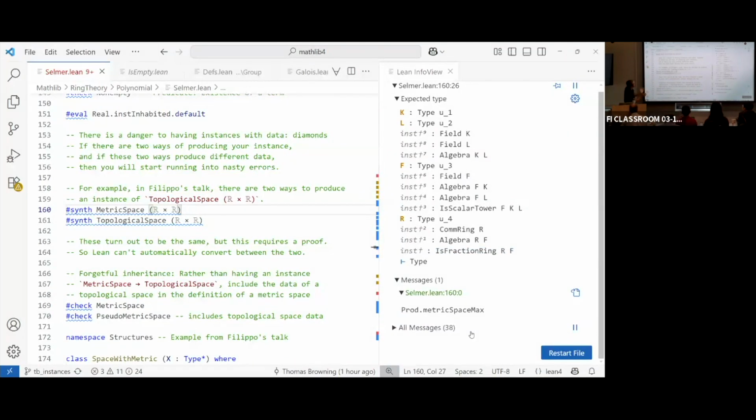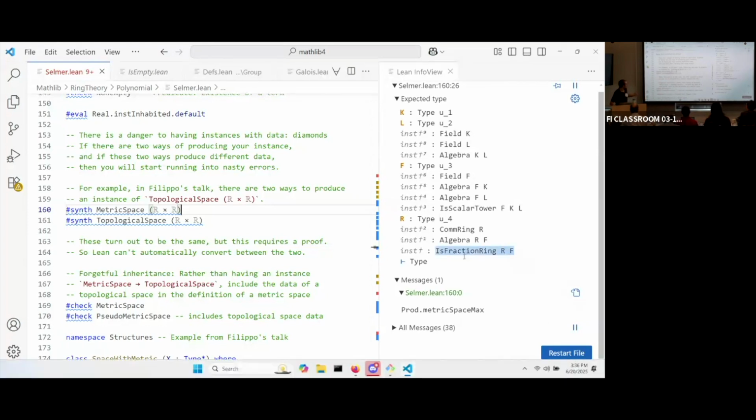So you have two different ways of producing a topological space on R cross R, and they produce two different bits of data, two different topologies on R cross R. Now they're the same topology, but that requires proof. It's not obvious by definition to Lean that the topology from the metric space definition exactly matches the product topology. So now you've got this instance of topological space carrying data, one carrying one type of data, another carrying another, and Lean doesn't know that they're the same, and they're both floating around, and things get very confusing very fast.